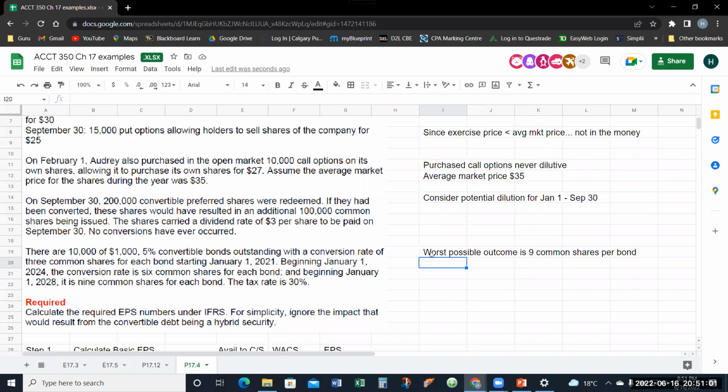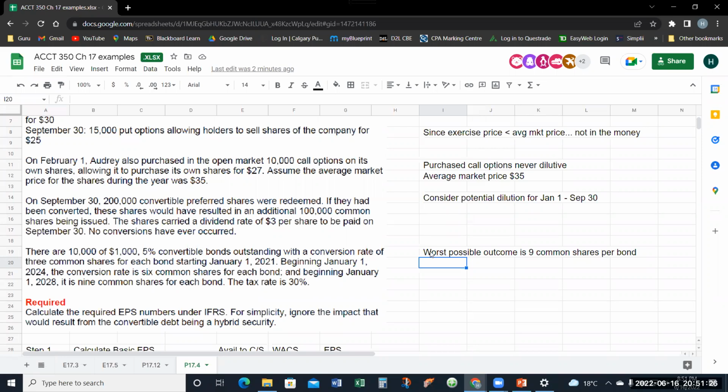So the best way for the company to respond to that is to acknowledge the worst possible outcome for a common shareholder: this huge number of common shares potentially issuable if these bonds get converted. What if all of these bonds were converted, at the worst possible outcome of 9 shares per bond?